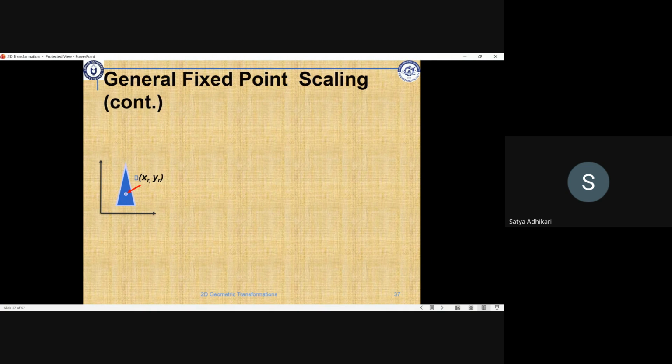Okay, first we have to translate that point to the origin. You see, now it is done. So once the pivot point coincides with the origin, we don't have any problem to perform the scaling operation. You see, now the scaling operation is done.